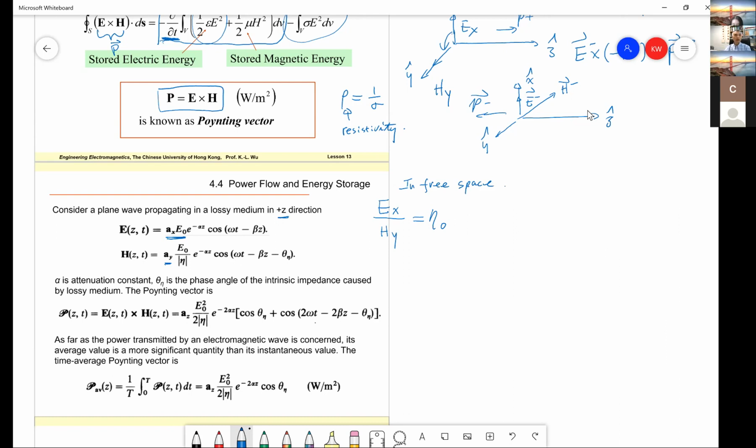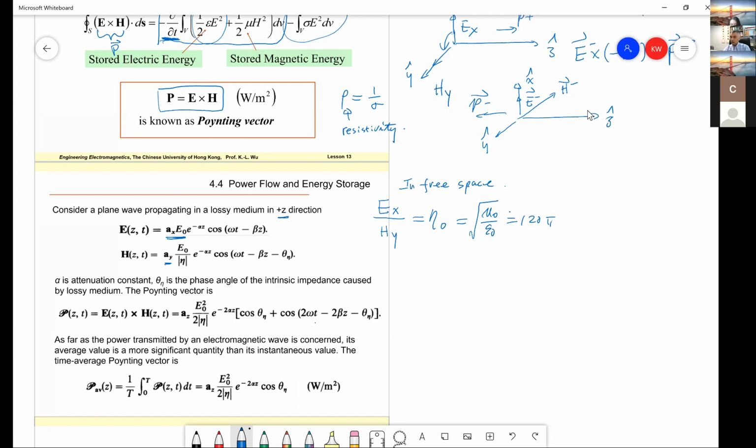So-called free space is infinitely large and very ideal, like a vacuum. In that case, the intrinsic wave impedance is a constant. We said this is so easy to remember: 120 pi.